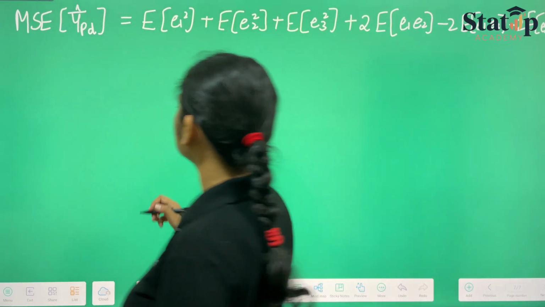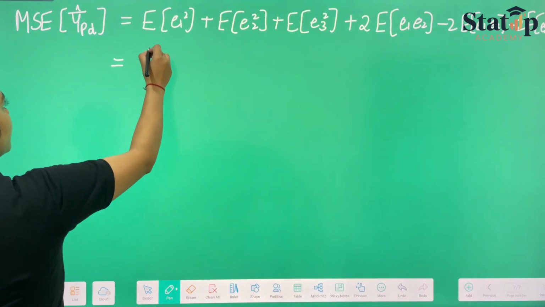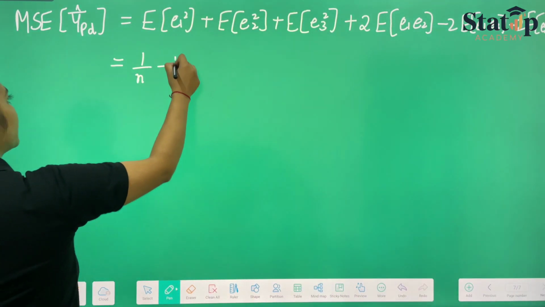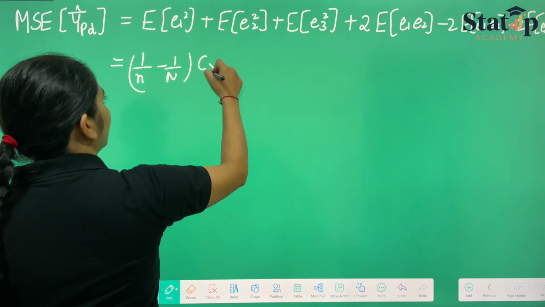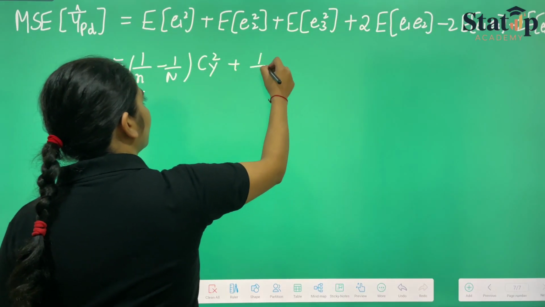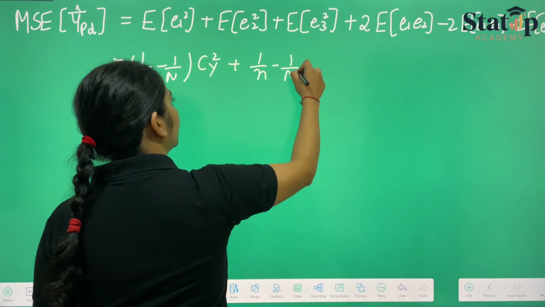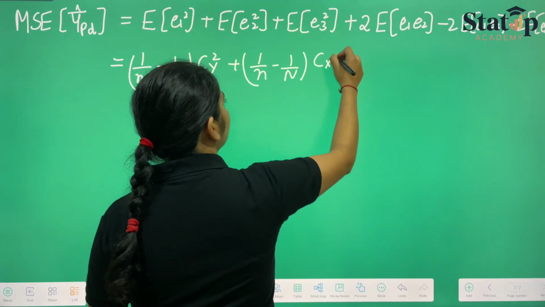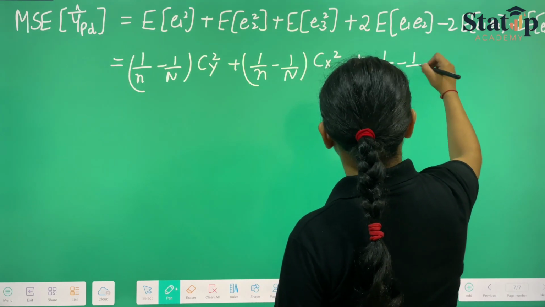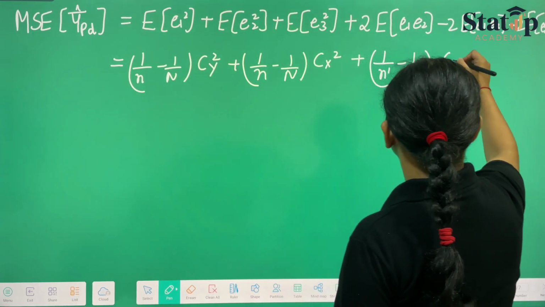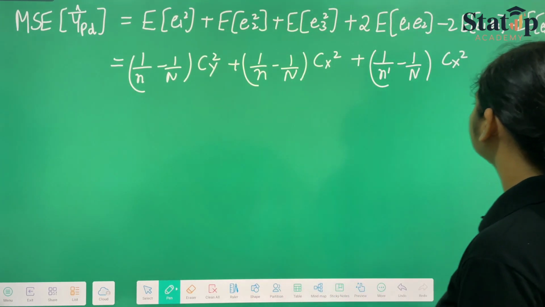Putting the values in this equation, we will be getting 1 upon n minus 1 upon capital N Cy square plus 1 upon n minus 1 upon capital N Cx square plus 1 upon n prime minus 1 upon capital N Cx square.